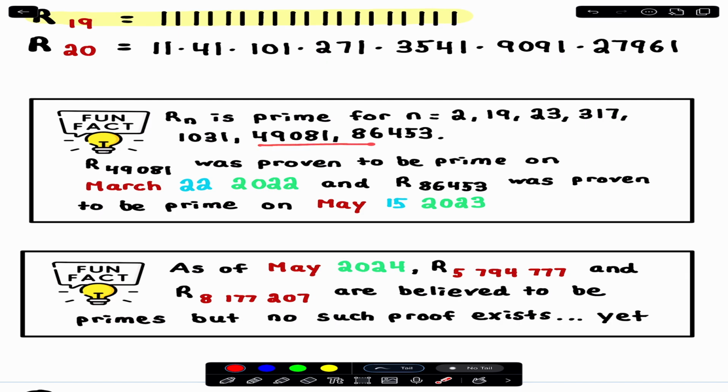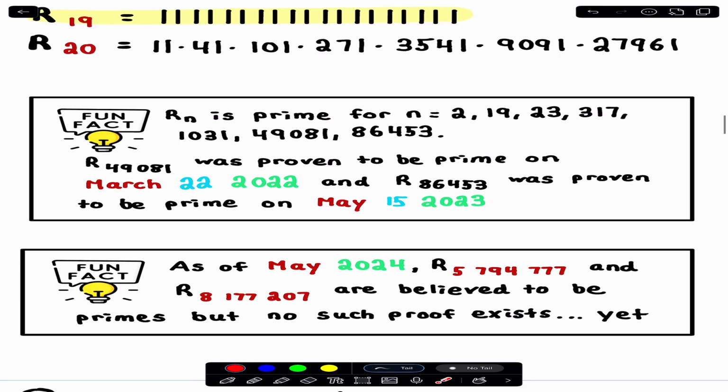And, well, these two were proven to be prime with some pretty powerful computers. So it's not exactly something that can be done by hand. So don't feel too bad if you can't prove that it's prime by hand. Somebody else has already done that for us very kindly.